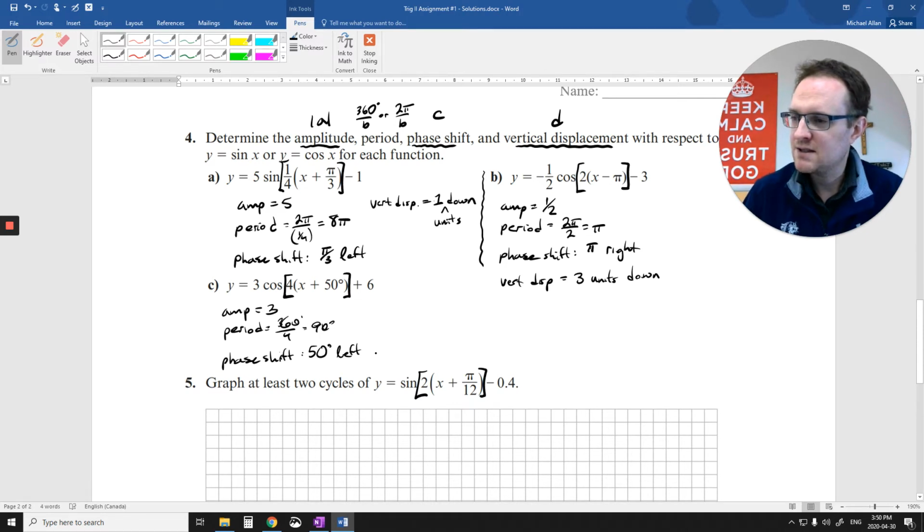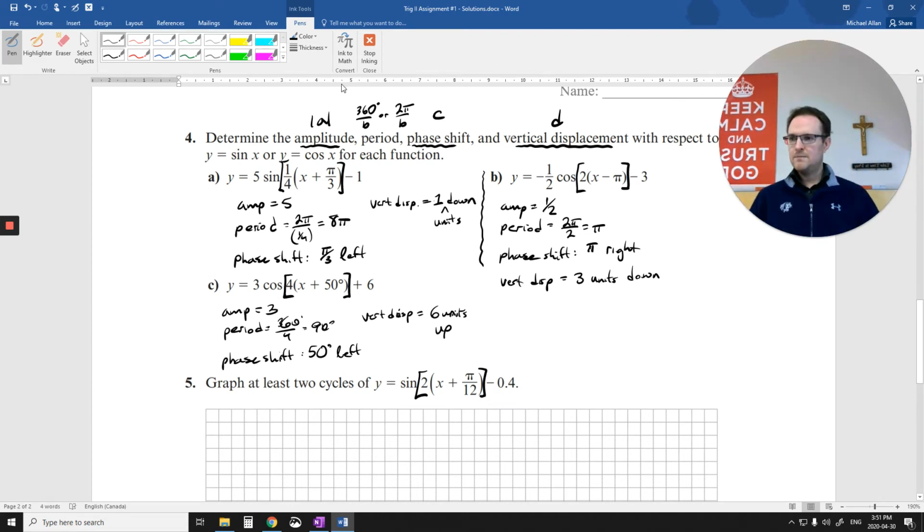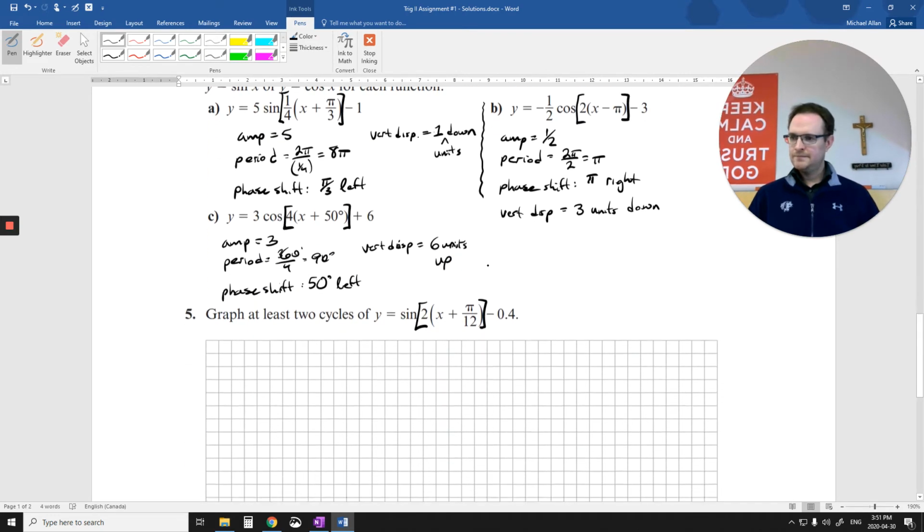So we factored for us, that's nicely. And my vert disp, oh, I don't know what I spelled there. Let's imagine that's a big I. Okay. Is 6 units, because it's +6. It's going to be 6 units up. There you go. Whoa, it's a lot of writing.